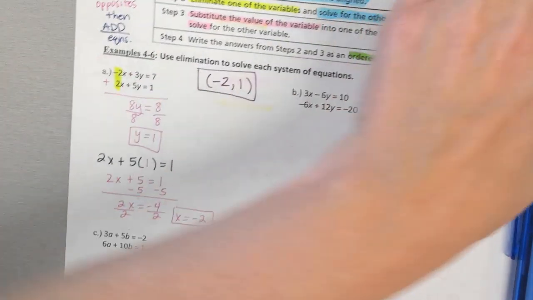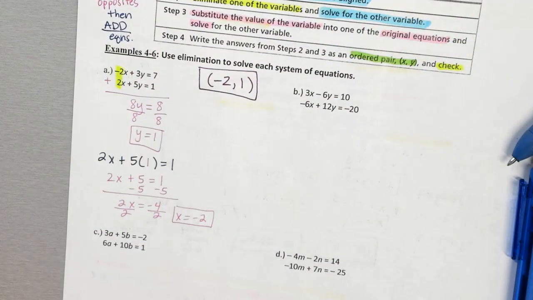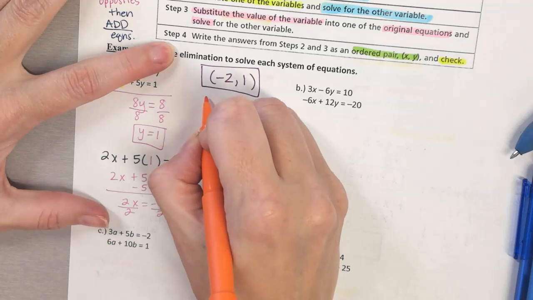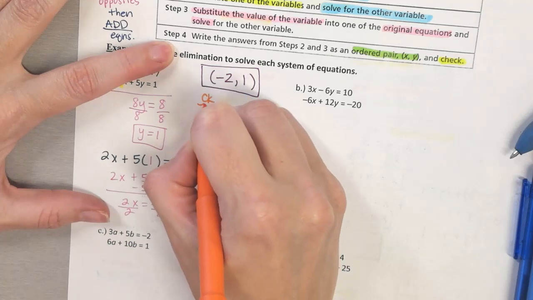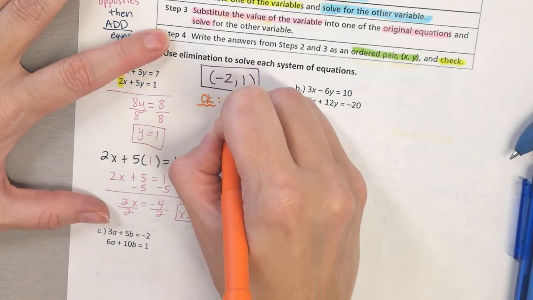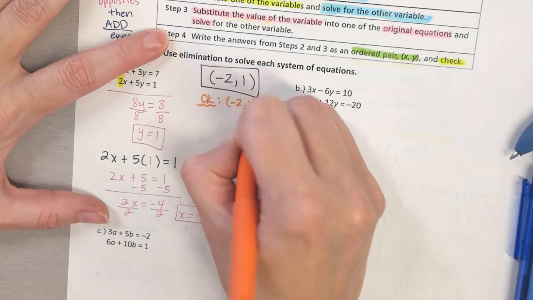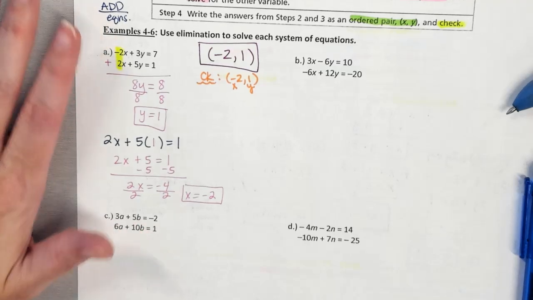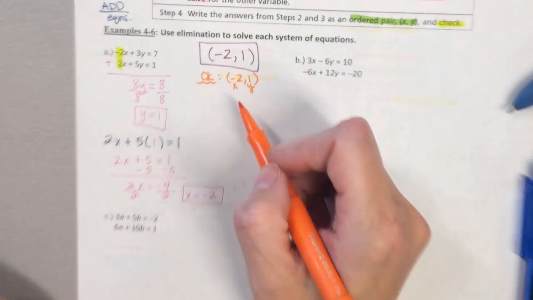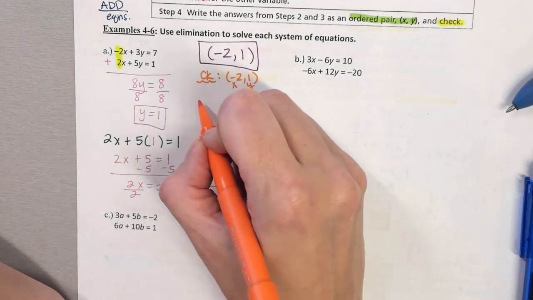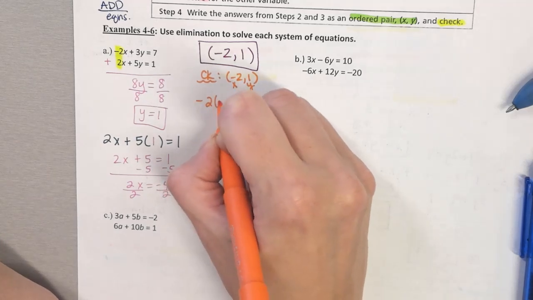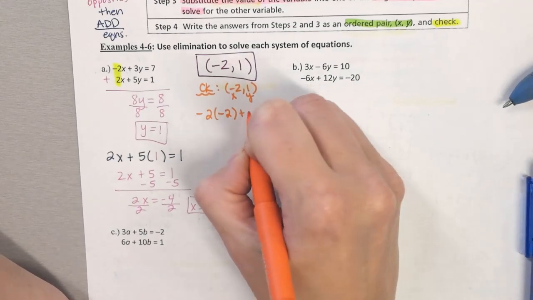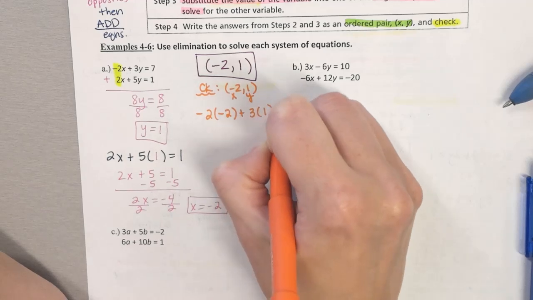Now, I'm going to write out the check for you so that you can see what you would plug in. You do not have to write out the check on your homework. This is something you can do using mental math. I just want you to have it here so you can see what the check is. Remember that before, we did the check because you could have an extraneous solution.